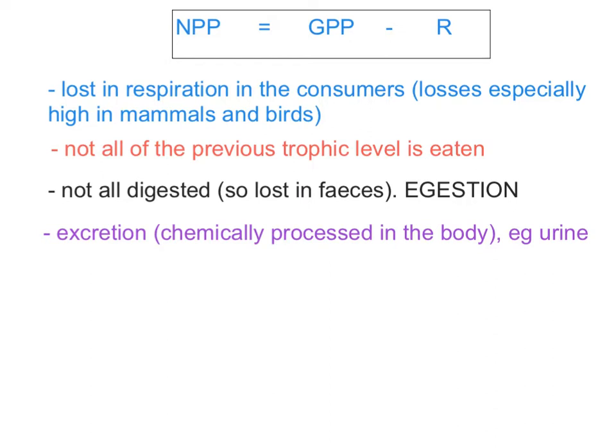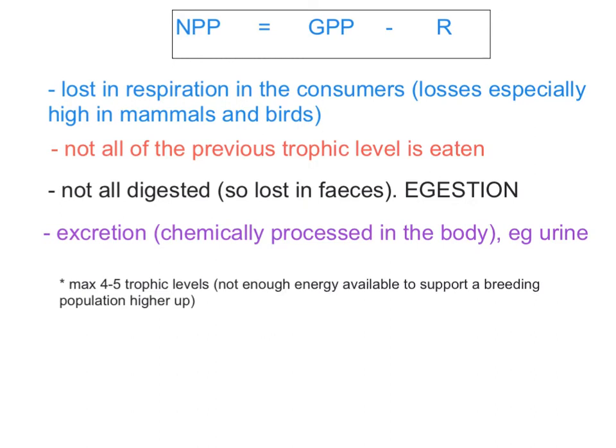So NPP is hugely decreased as you move along the food chain through the trophic levels. The result of that is that you get a maximum of 4, maybe 5 levels. There's just not enough energy to be passed on to support a breeding population of the organisms at the top of the chain.